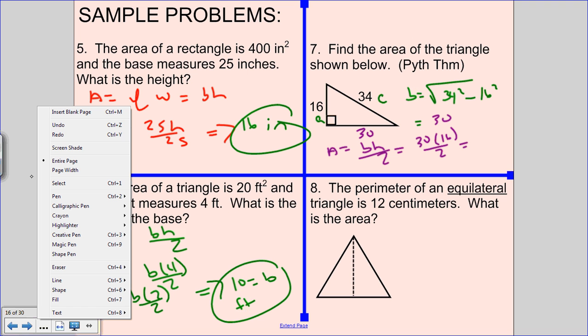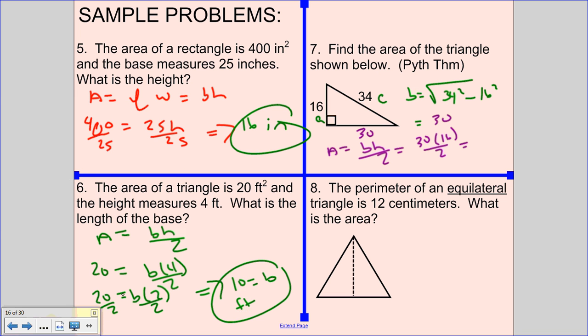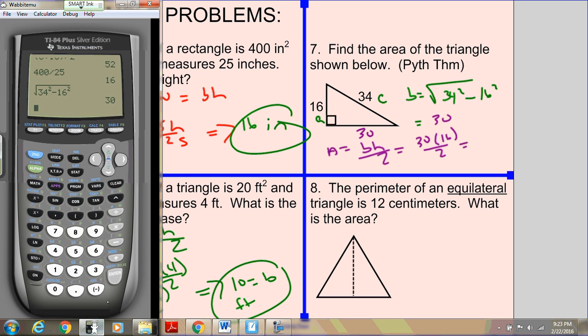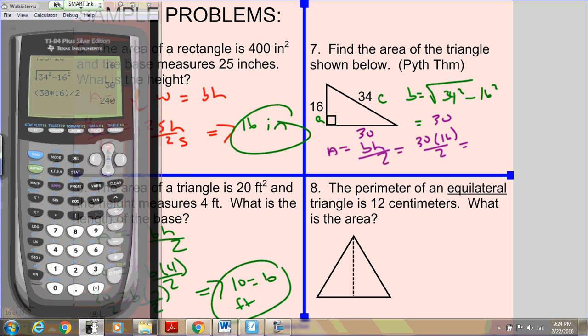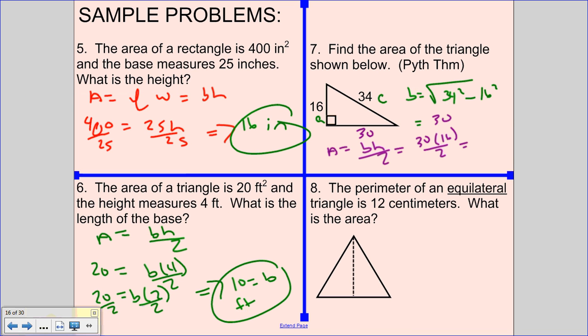Now let's grab our calculator. Bella, go. $240. Units squared.